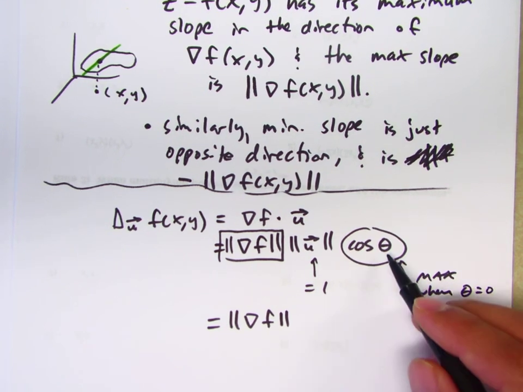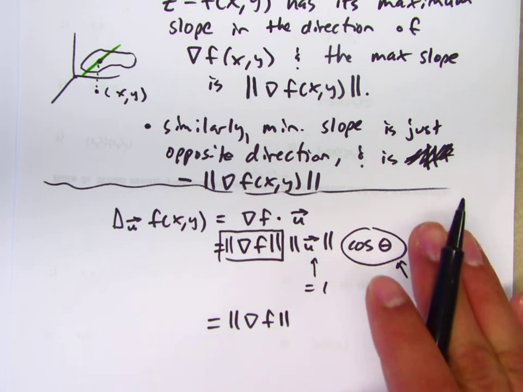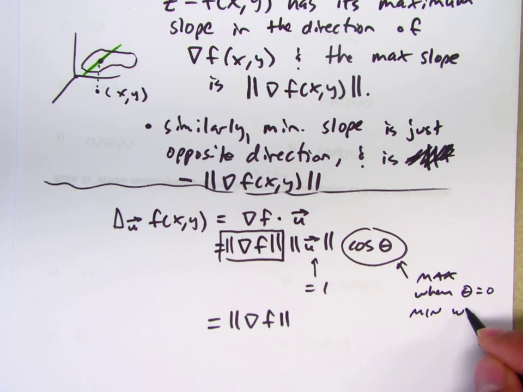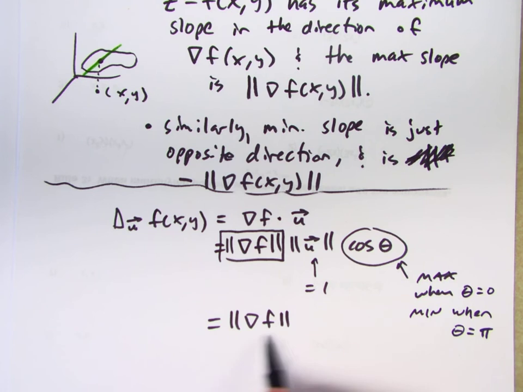Because that's when the cosine is 1. And so that means that we are in the same exact direction as the gradient. And it's at a min when theta is 180 or pi. So that means the exact opposite direction. Okay? And here's the value of the directional derivative. Okay, I know that was kind of quick, but hopefully that shed some light as to why. Okay?